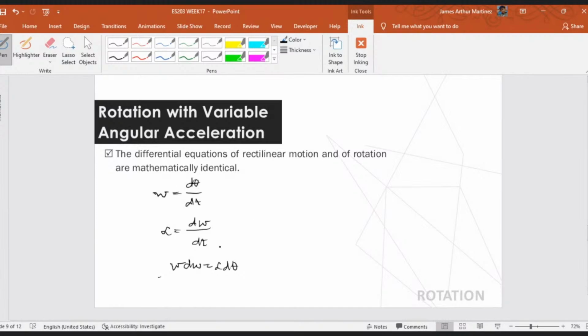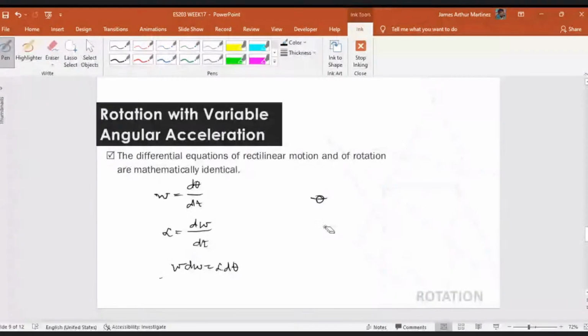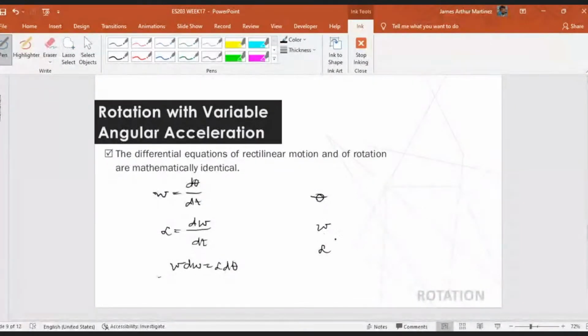These are the basis, the fundamental equations, that we can apply following our approach and analysis of variable acceleration in translation, where you have displacement, velocity, and acceleration. Now in rotation, angular displacement, angular velocity, and angular acceleration.